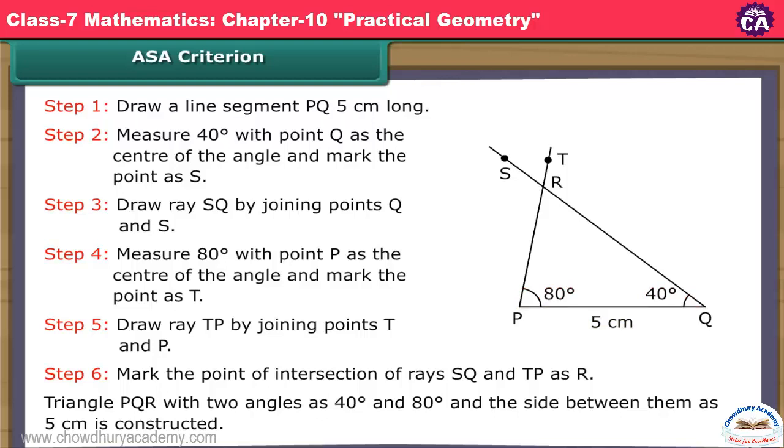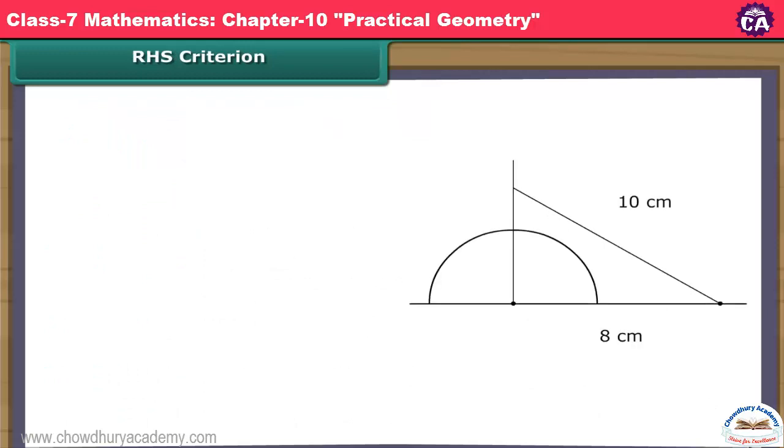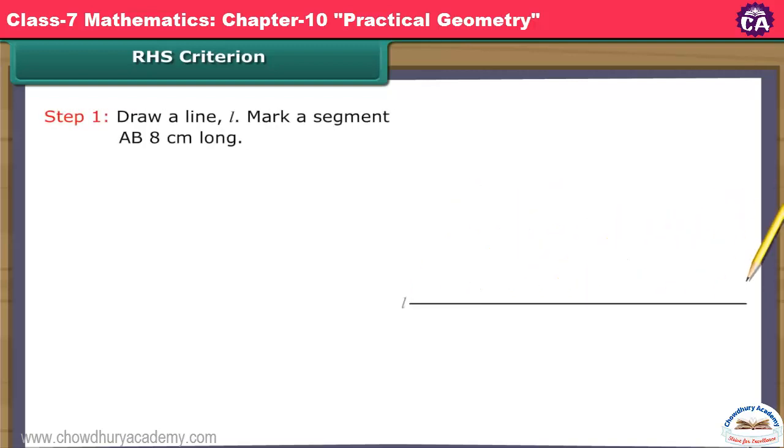RHS criterion. Let us now draw a triangle one of whose angles measures 90 degree and the base and hypotenuse are 8 centimeter and 10 centimeter respectively. Draw a line L. Mark a segment AB 8 centimeter long.